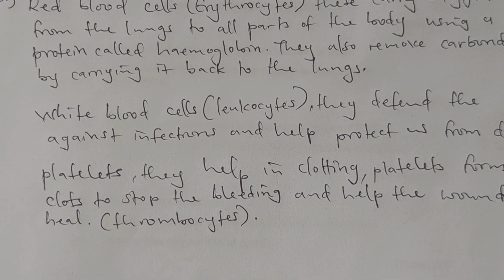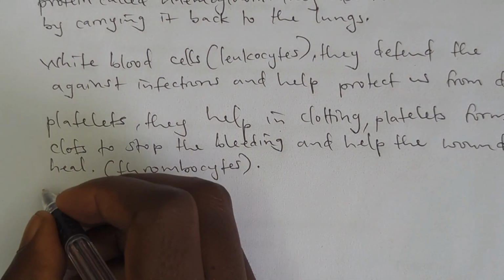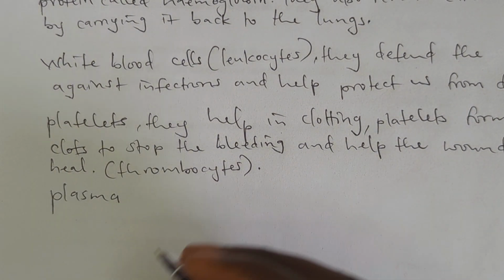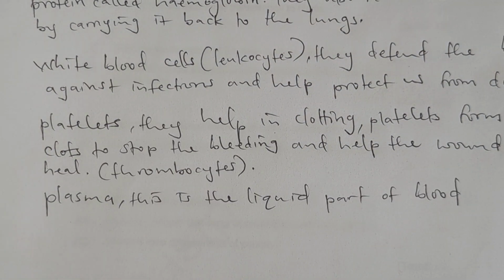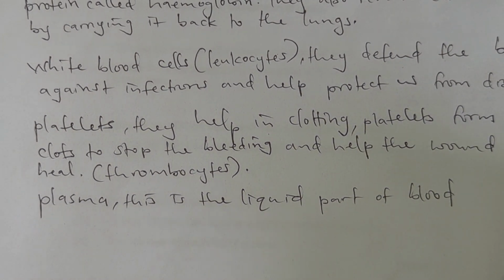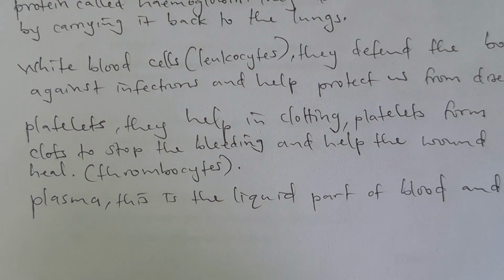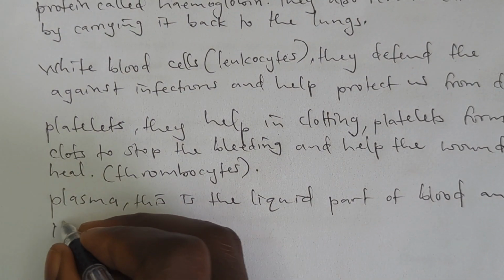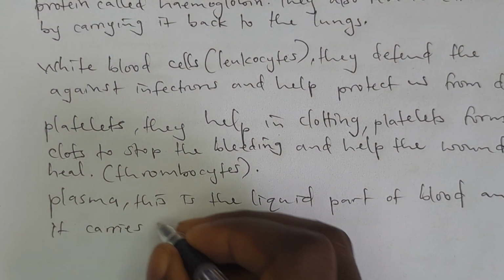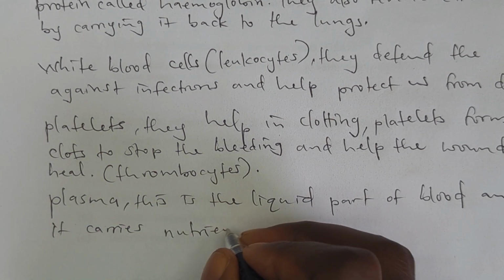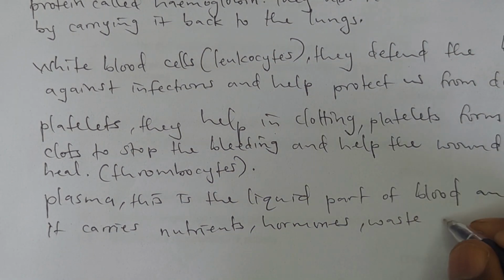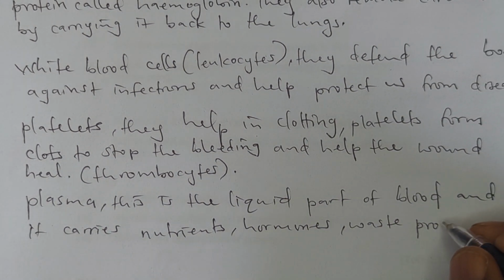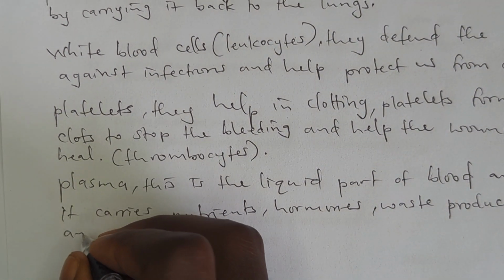The other component, that is plasma. So this is the liquid part of blood, and it carries nutrients, hormones, waste products, and proteins throughout the body.